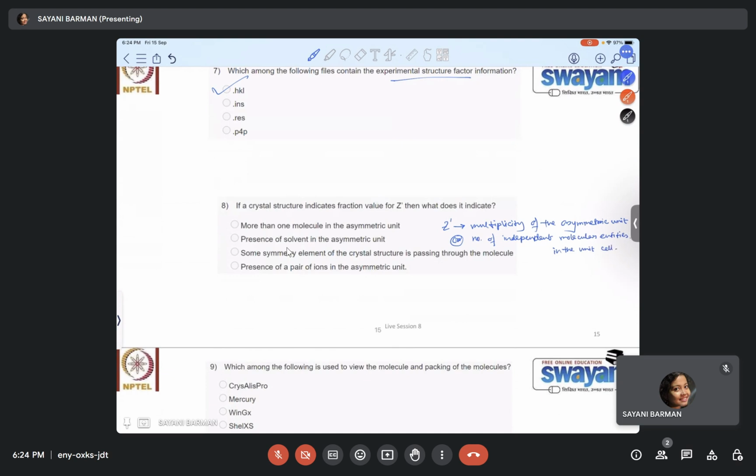So it's very important because it provides important information about the lattice or the unit cell.